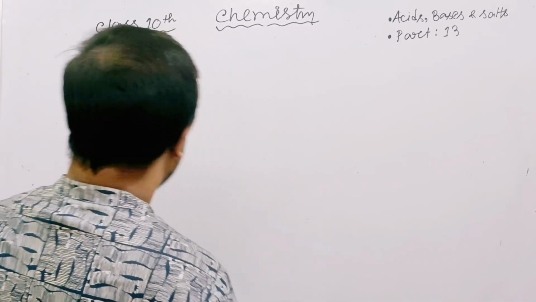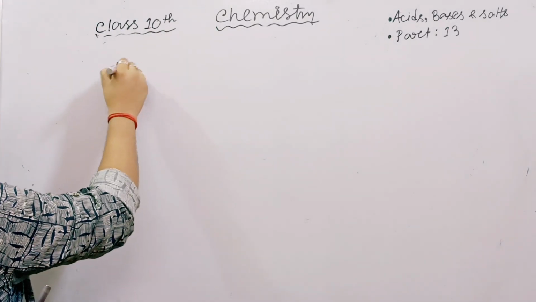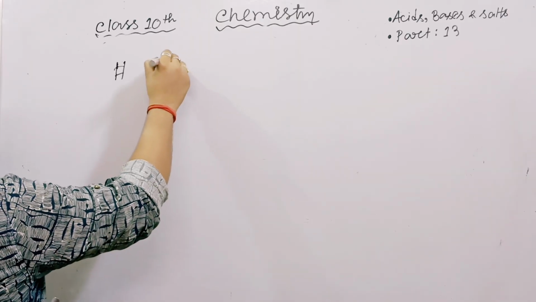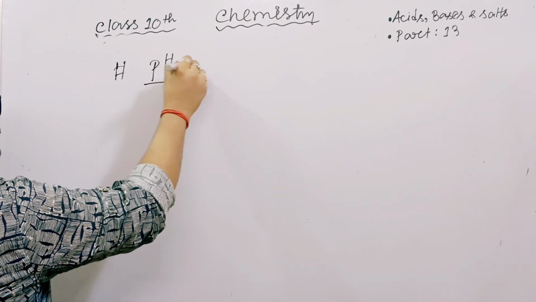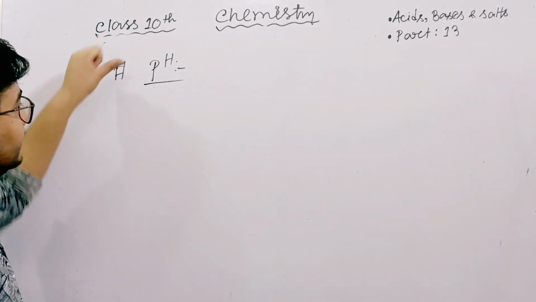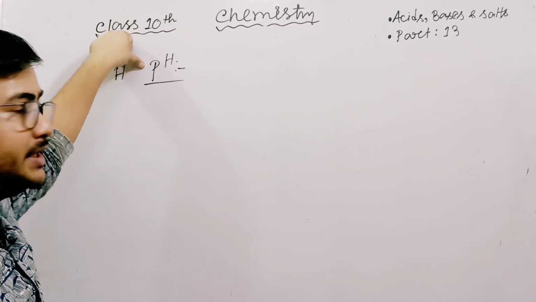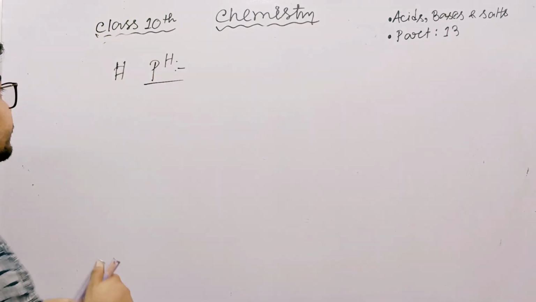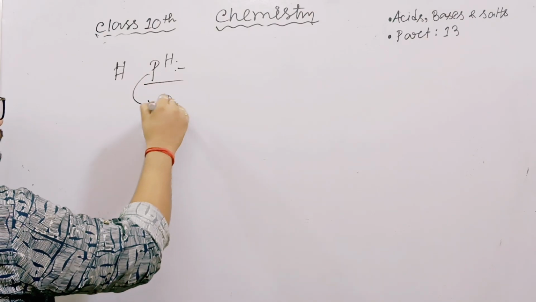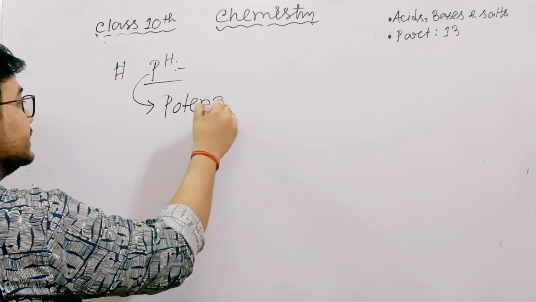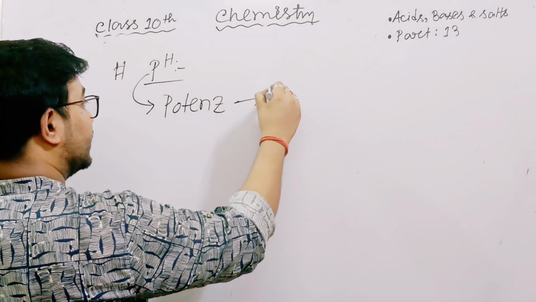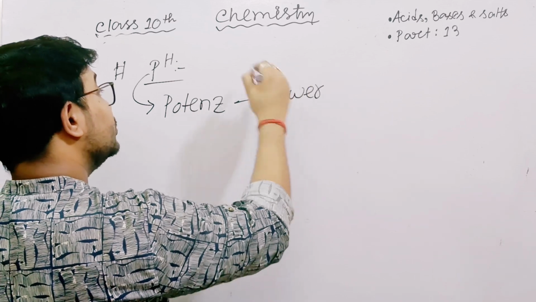Now go to the third topic. Our third topic is pH. Now what is the meaning of P? The meaning of P is potence. Potence means power, that is, to the power.